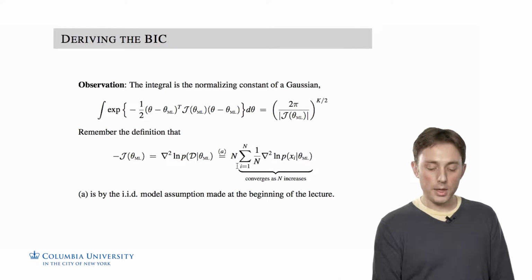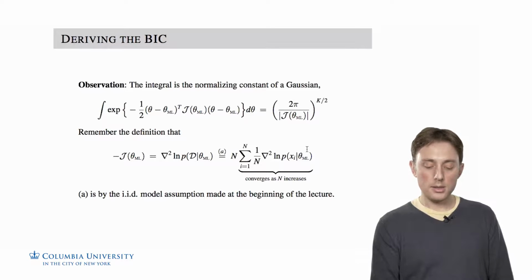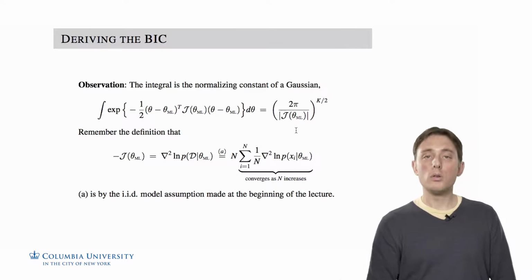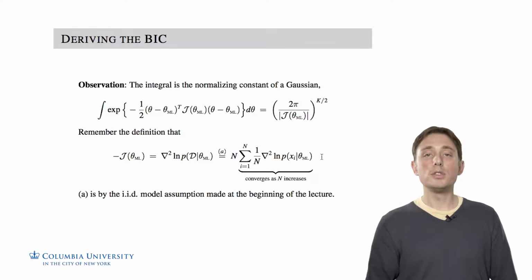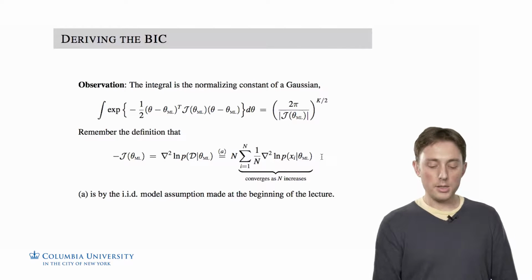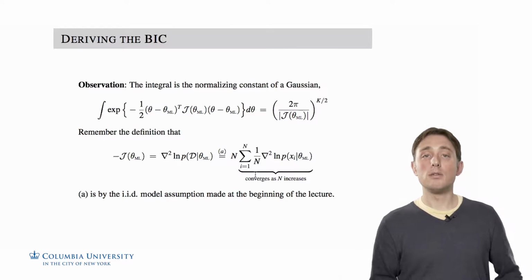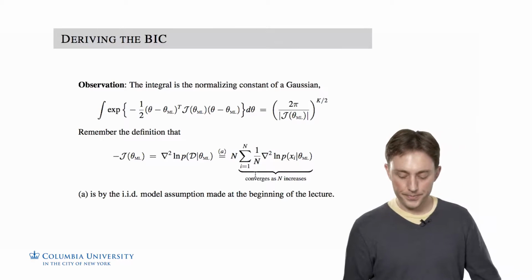However, if we now focus only on this sum of matrices divided by n, we're seeing that we have a sum of n things divided by n, and what we can show, which we won't prove in this course, is that this converges to a matrix as n goes to infinity. And so we have n out here times a matrix that's converging as n increases.